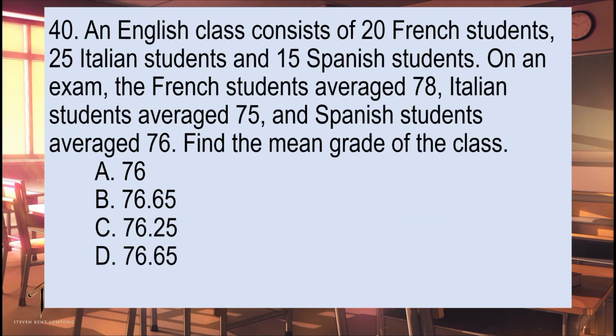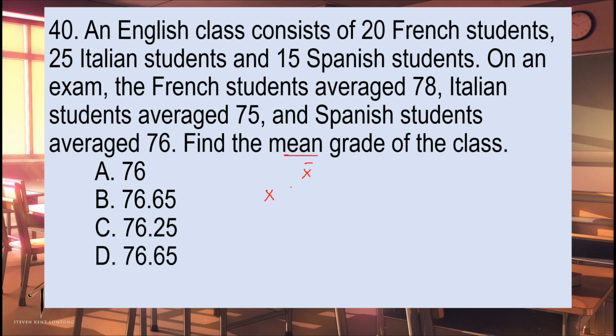Okay, so for the last question, an English class consists of 20 French students, 25 Italian students, and 15 Spanish students. On an exam, the French students average 78, Italian students average 75, and Spanish students average 76. So, find the mean grade of the class. Okay, so we are looking for the mean. That's the X bar. So, let's just input it in our table.